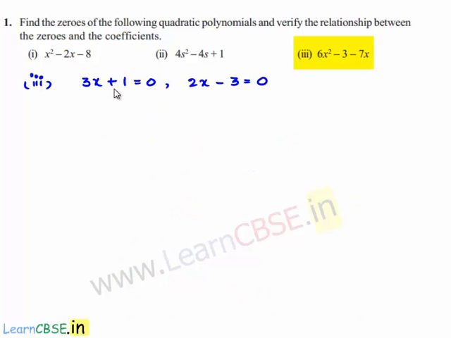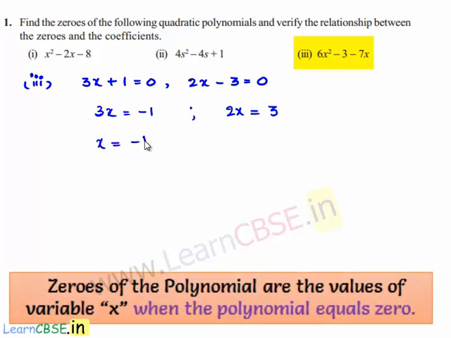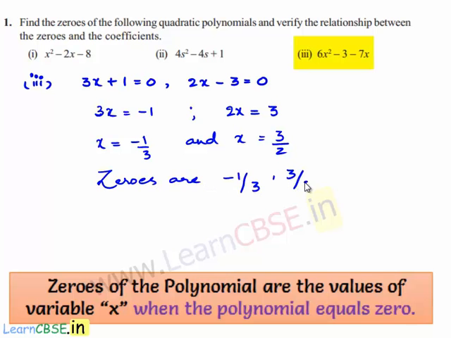So transposing plus 1 to the right hand side, we will be getting 3x is equal to minus 1, and here transposing minus 3 to the right hand side, we will be getting 2x is equal to 3. Therefore x is equal to minus 1 by 3 and x is equal to 3 by 2. Therefore the zeros of the given polynomial are minus 1 by 3 and 3 by 2.